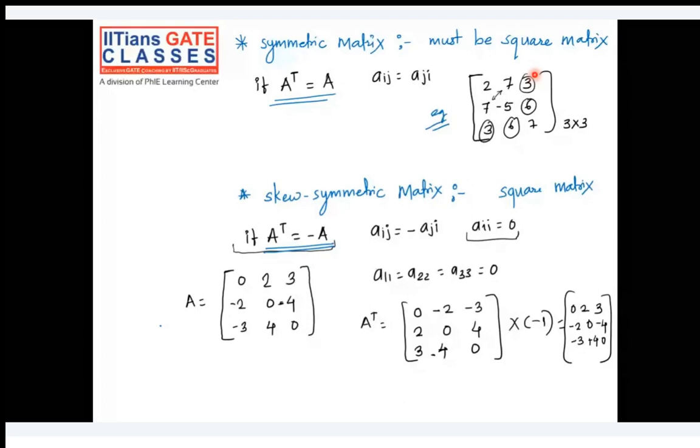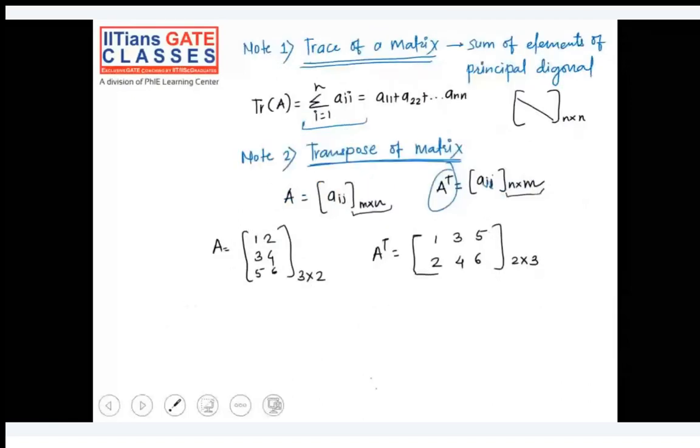So in order to achieve this, can you tell me what is the requirement of symmetric matrix? Can a rectangular matrix be a symmetric matrix? No, right? Because it's not possible. Because we know if you take a transpose, number of rows will interchange with the number of columns.